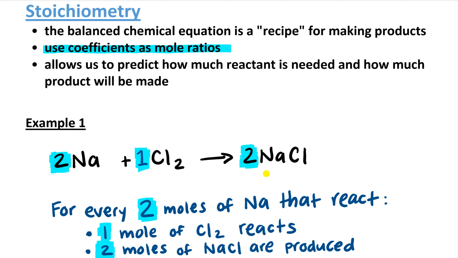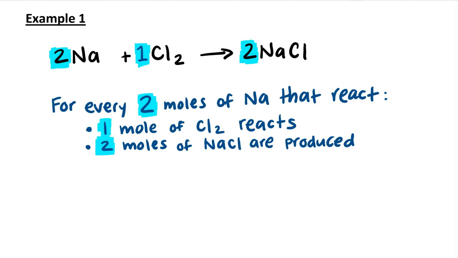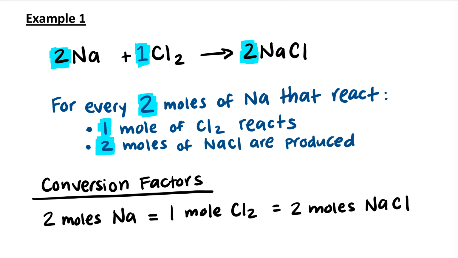But again, the ratios between these 3 chemical species remain the same. The ratio is 2 sodiums to every 1 chlorine to every 2 sodium chlorides. Now I can take these words on my recipe and write them as unit conversions, or conversion factors, as you've heard us say.